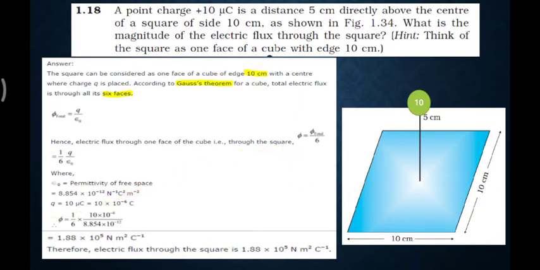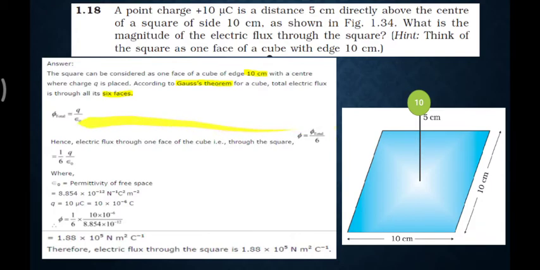What is the total? Write in your notebook: this phi is your flux which passes through one of the faces. Then it is phi total divided by 6.